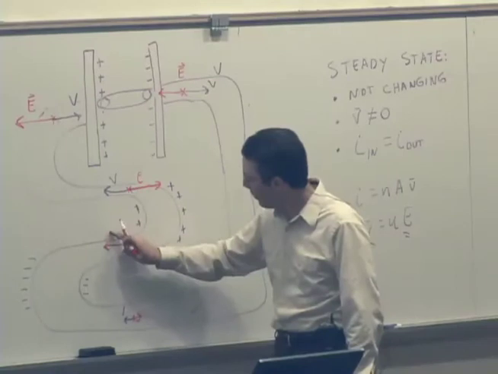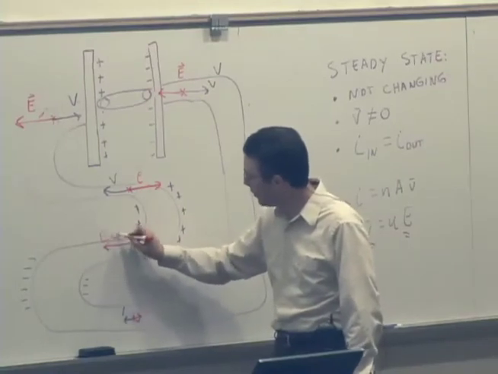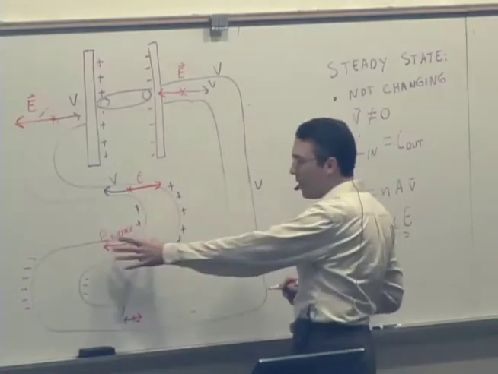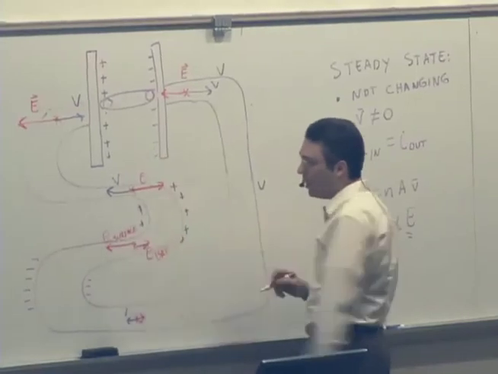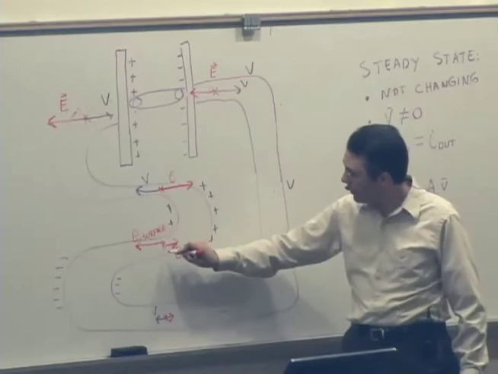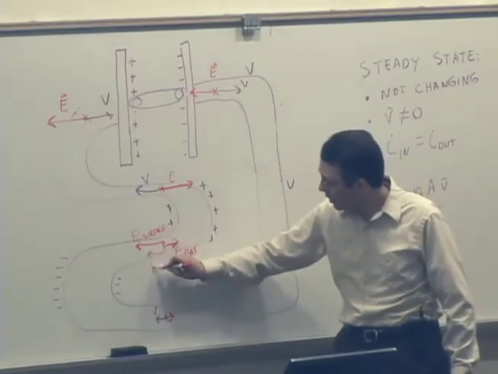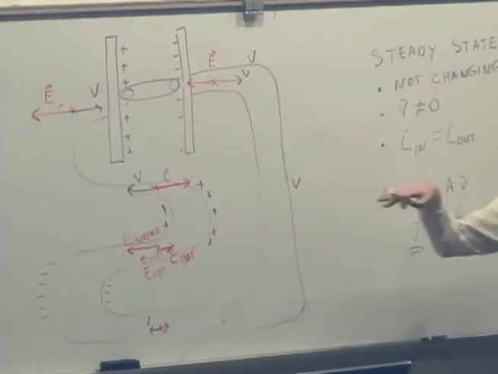We now have an electric field due to the surface charges. And, well, depending on how long we wait and how much charge builds up here, we can get a situation where we end up with the sum of these two electric fields being E net, pointing in the direction we need it to point in the steady state, right?